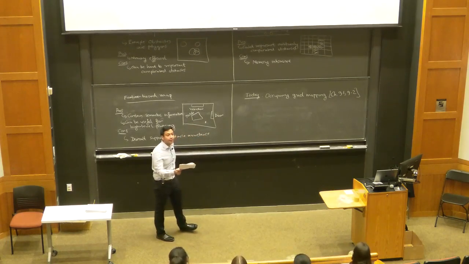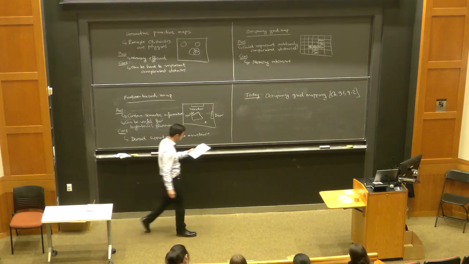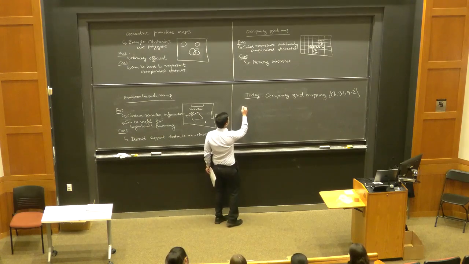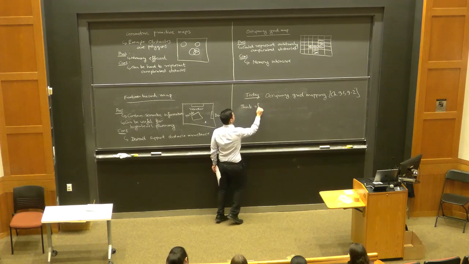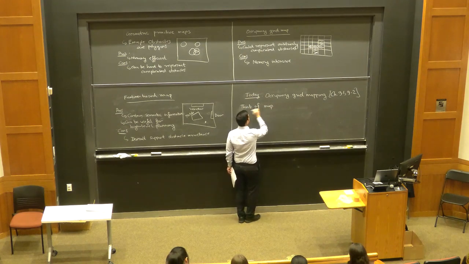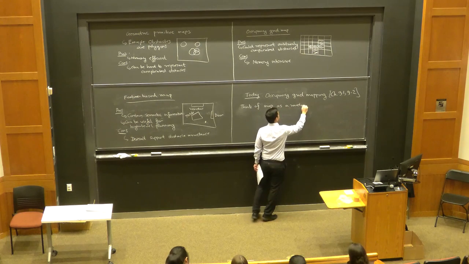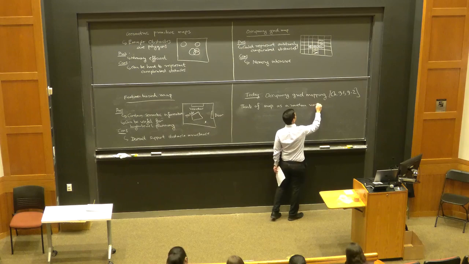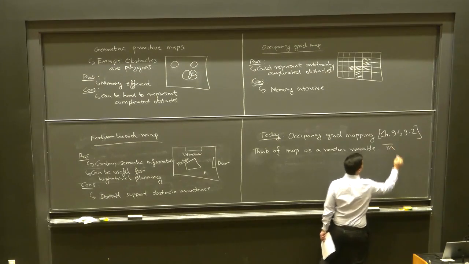Let's get to the question that I deferred previously: how are we going to represent a map? We're going to think of a map as a random variable, and we're going to call that random variable m with a bar.